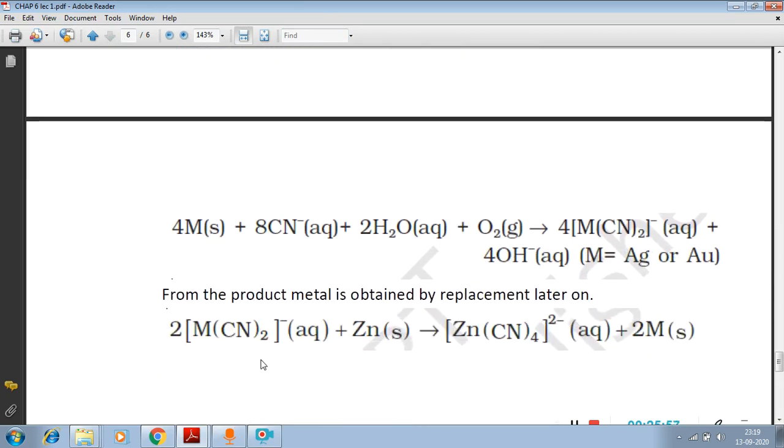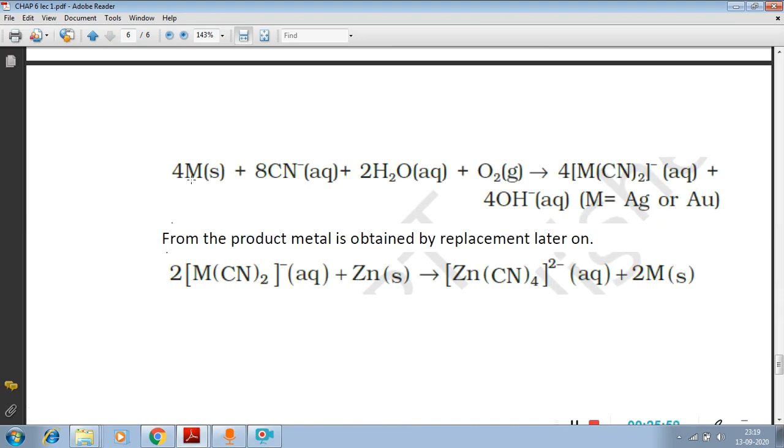Here you can see the reaction. As metal we have silver or gold, plus 8CN−, where CN− we can take from NaCN or KCN, plus H2O plus O2 gives the metal cyanide complex M(CN)2−, where M is Ag or Au, plus OH−.